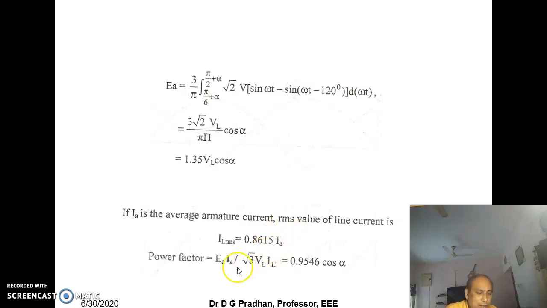The power factor is the real power divided by the apparent power, that is Ea Ia divided by root 3 VL IL. After solving, you will get 0.9546 cos alpha. This is the power factor in terms of firing angle. So power factor equals 0.9546 cos alpha.